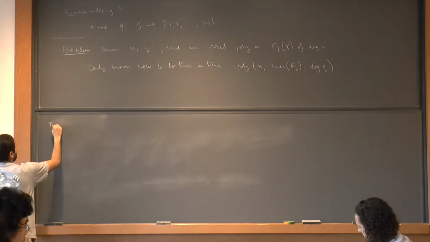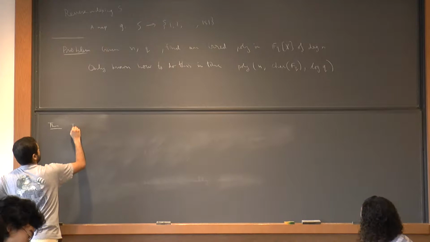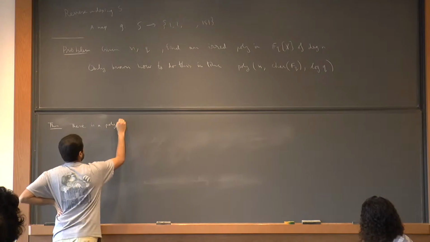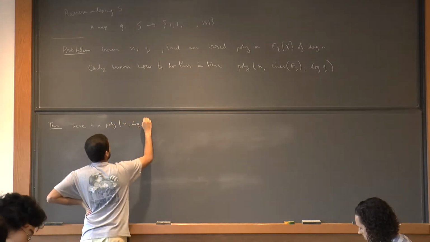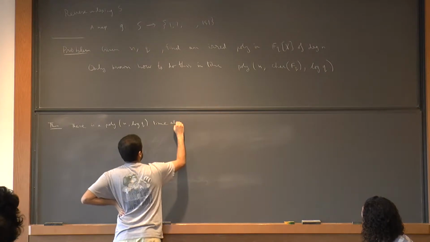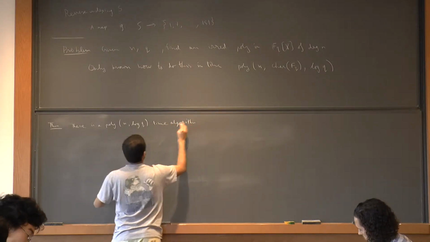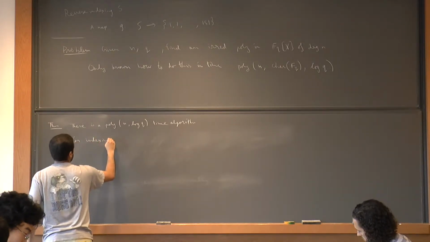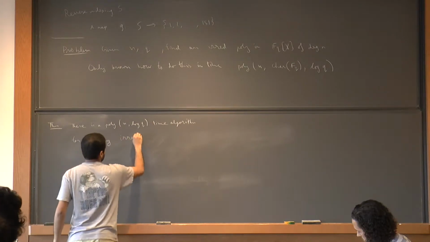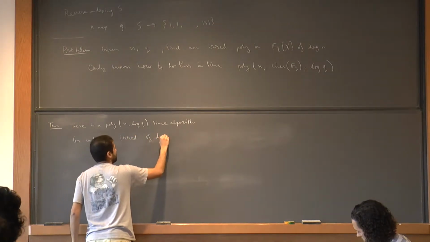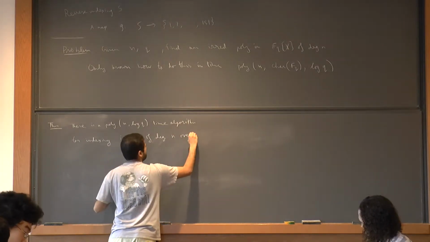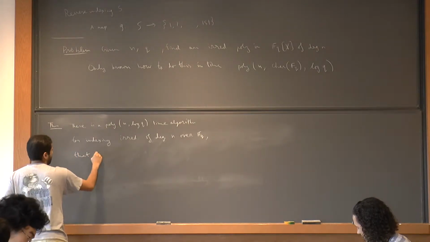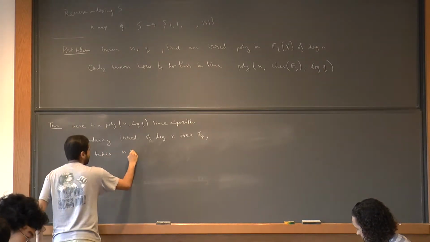Good, so the theorem: there is a poly in n log q time algorithm for indexing irreducibles of degree n over F_q that takes n log q bits of advice.